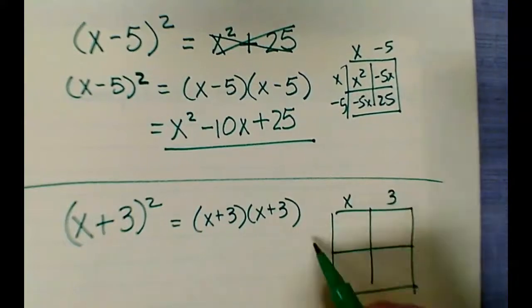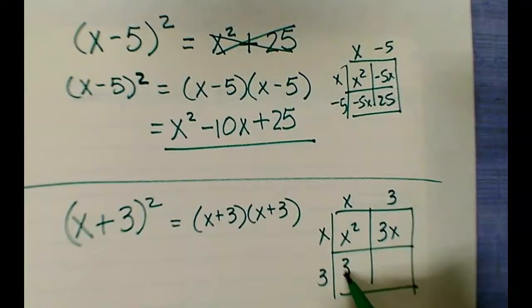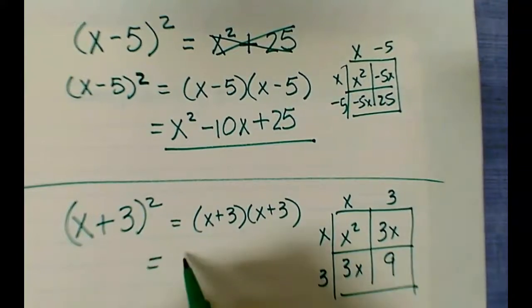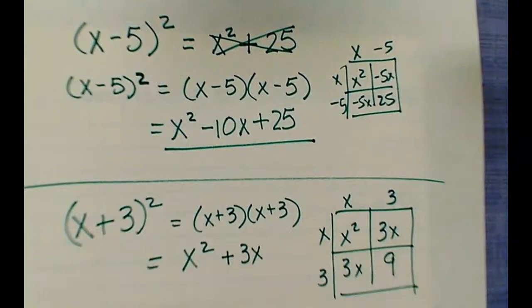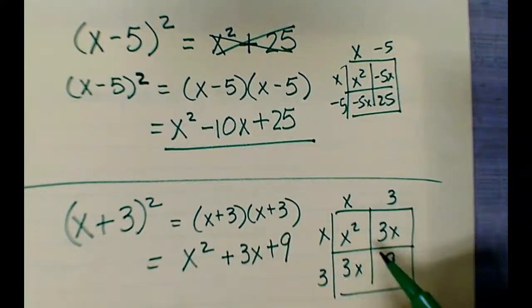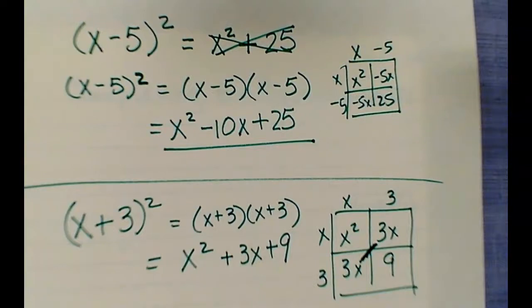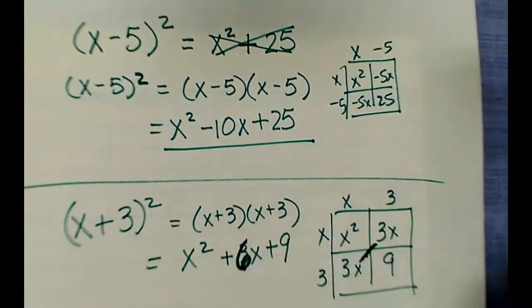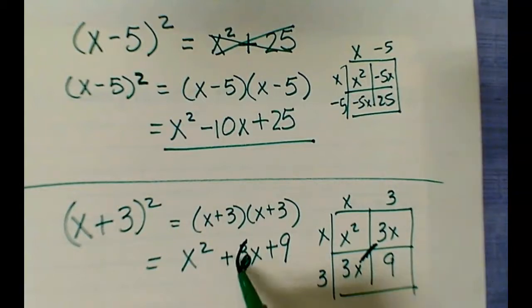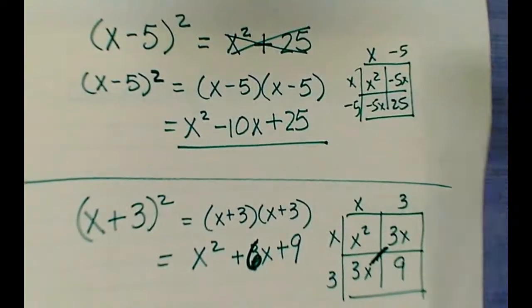So that's going to be x squared plus 3x plus 9, because I have to combine those like terms. Oh, yes, thank you very much, because when I combine those like terms, that should be a 6. That 3 should be doubled because I added 2 of them that were exactly the same.